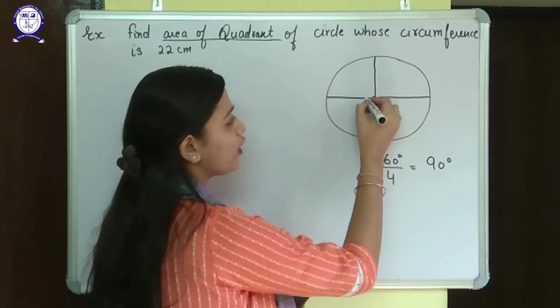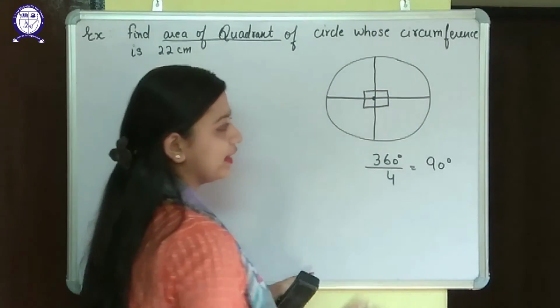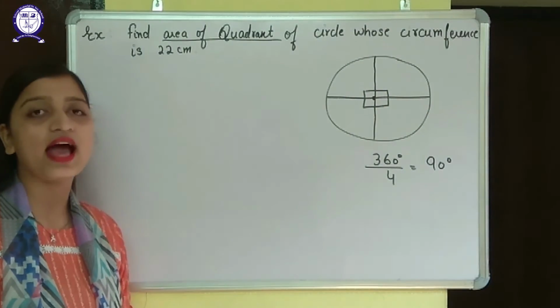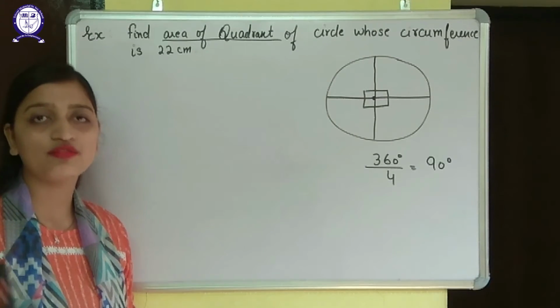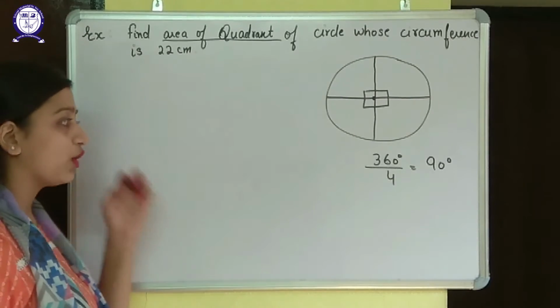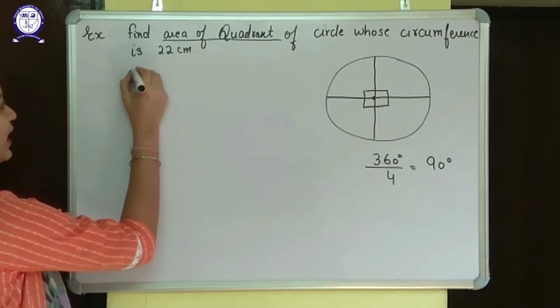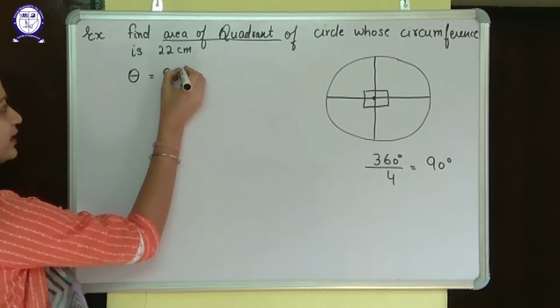So it means that all the angles here are of 90 degrees. This thing you can also remember, that the angle of the quadrant is always 90 degrees. Okay, so this is my angle, 90 degrees. So I got my theta as 90 degrees.